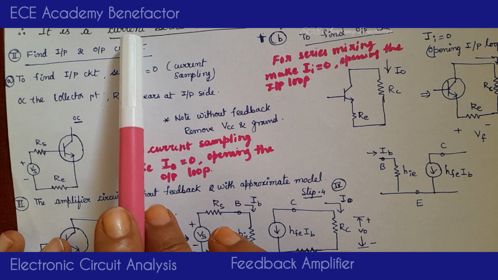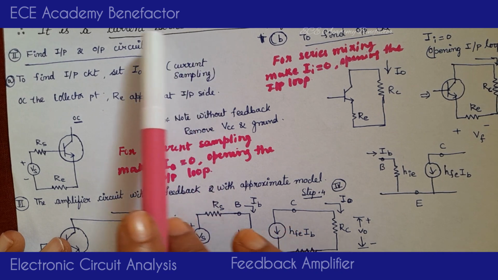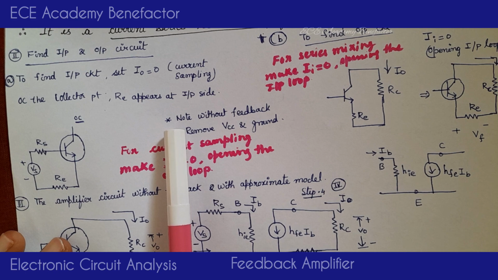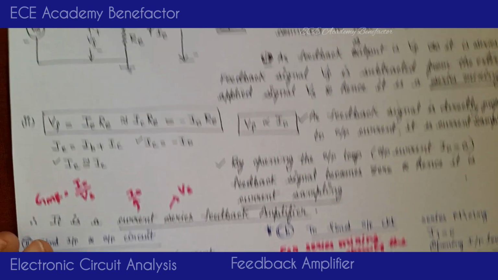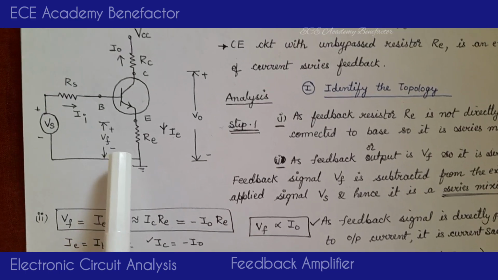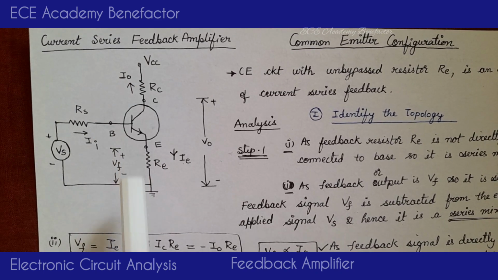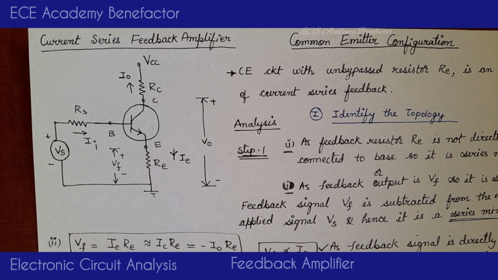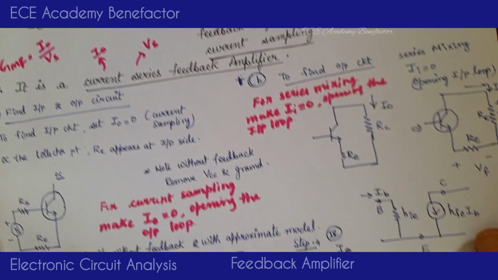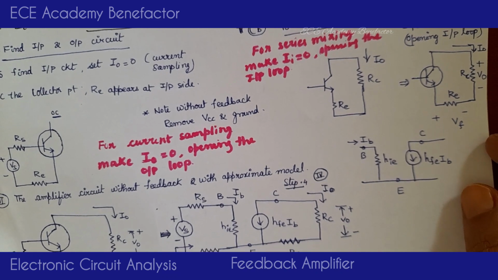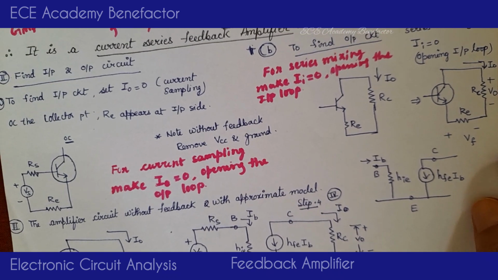First we have identified the topology name, current series feedback amplifier. In the next step, we are drawing an amplifier without feedback. This is the amplifier with feedback. In this amplifier with feedback, you have VCC and ground. But in the second step, when we draw the amplifier without feedback, we have to remove the VCC and ground.